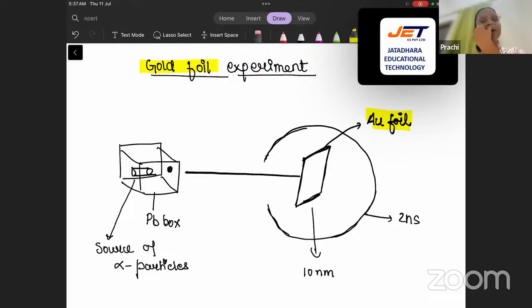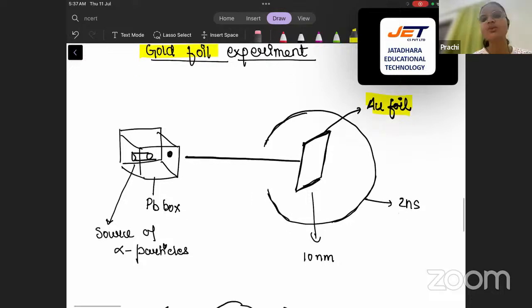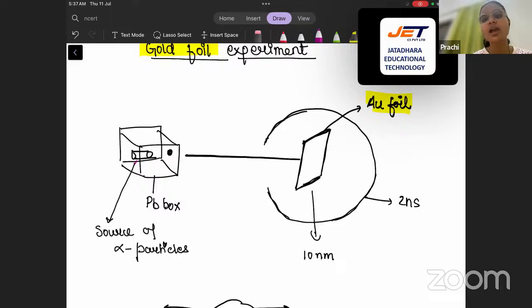So he took a source of alpha particles. And then he shot that alpha particle through this gold foil. So he took this source of alpha particles, and then he shot these alpha particles at this gold foil, right?